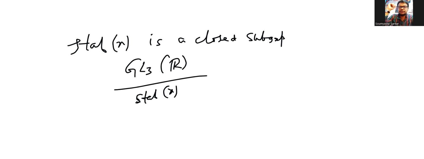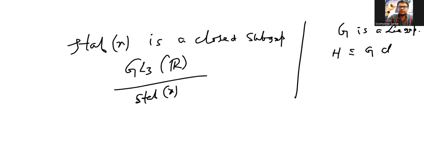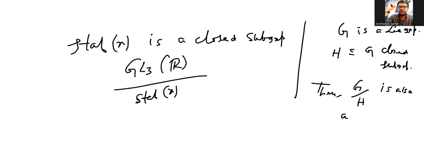Let me write it down in the general form. If G is a Lie group and H is a closed subgroup, then G mod H is also a smooth manifold. What is G mod H?